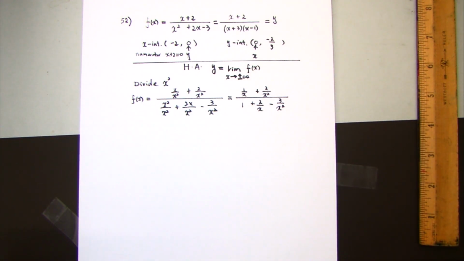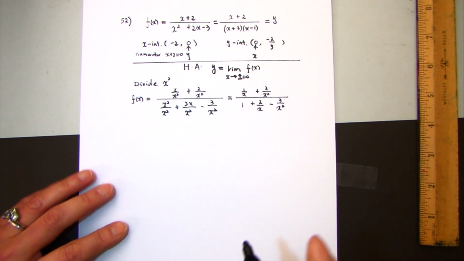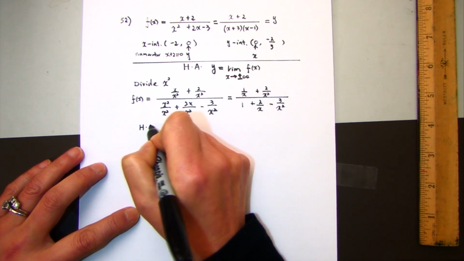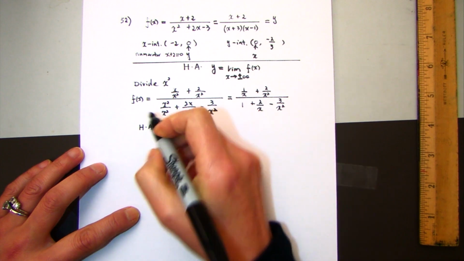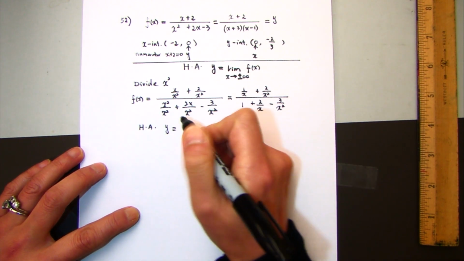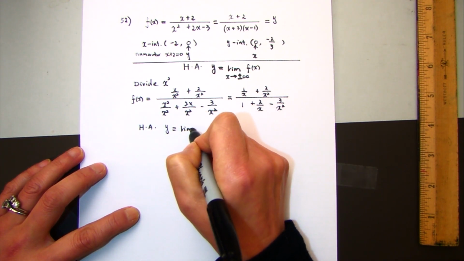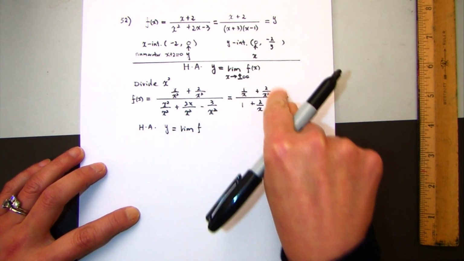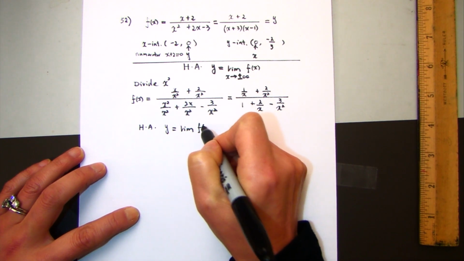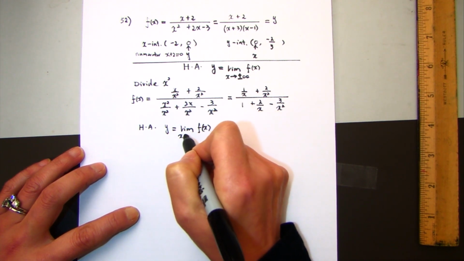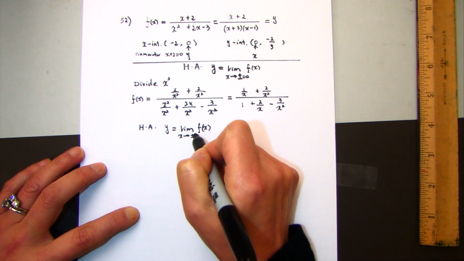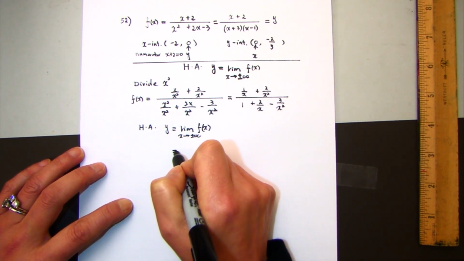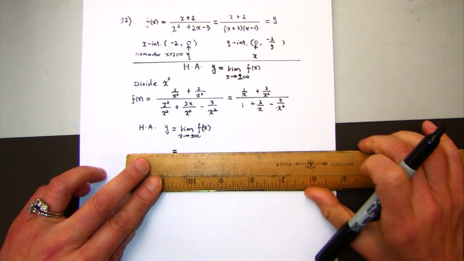All right, now we go looking for the horizontal asymptote. The horizontal line y equals the limit of your function, rewritten into this format, as x gets really big, whether positive or negative. One term at a time.